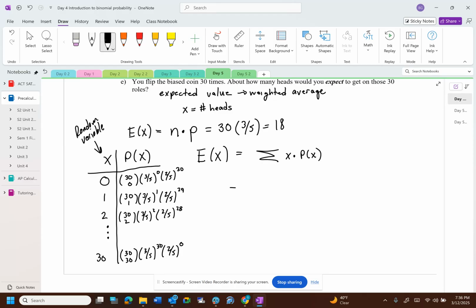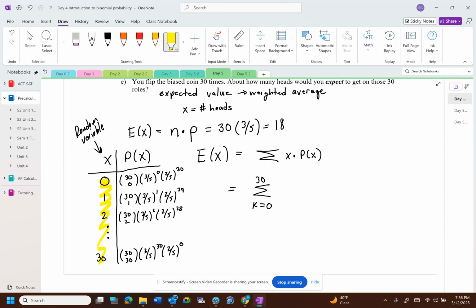Now, since I don't want to add up all 30 of these by hand, I can use the sigma notation we've talked about before. I can use k for my number of successes. I can enter anywhere from 0 to 30 successes. I have to figure out the value of the random variable, which is in this column.